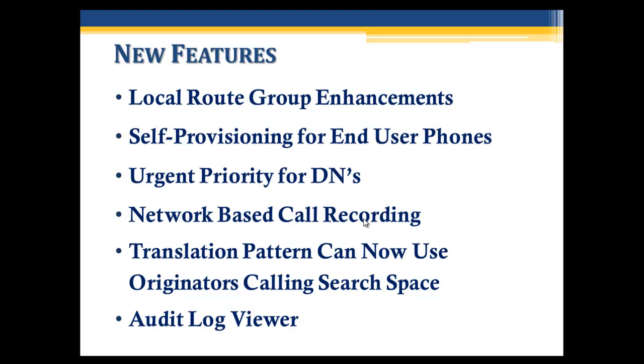The next feature will be urgent priority for directory numbers. This is used for global dial plans. And by global dial plans, I mean plus dialing. If you see plus and then the 10-digit extension, or even longer, typically the global dial plan format is plus, country code, outside number.